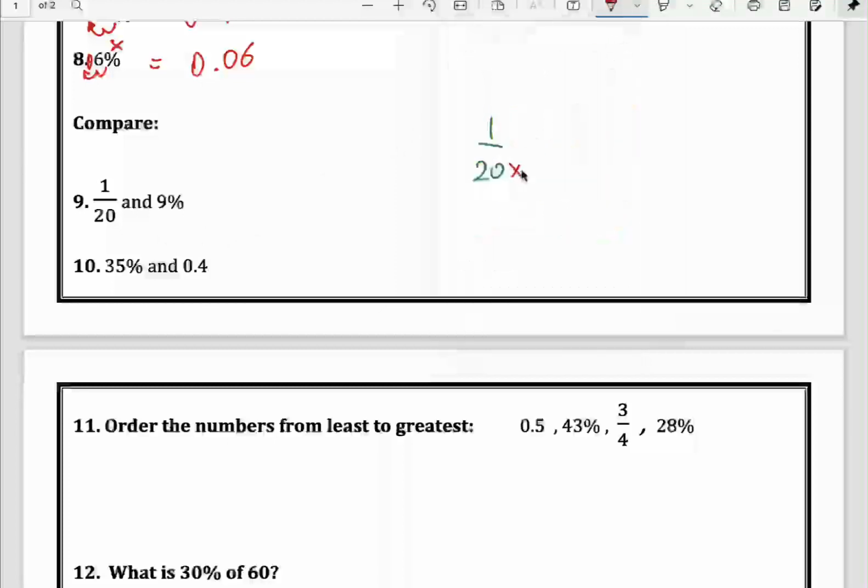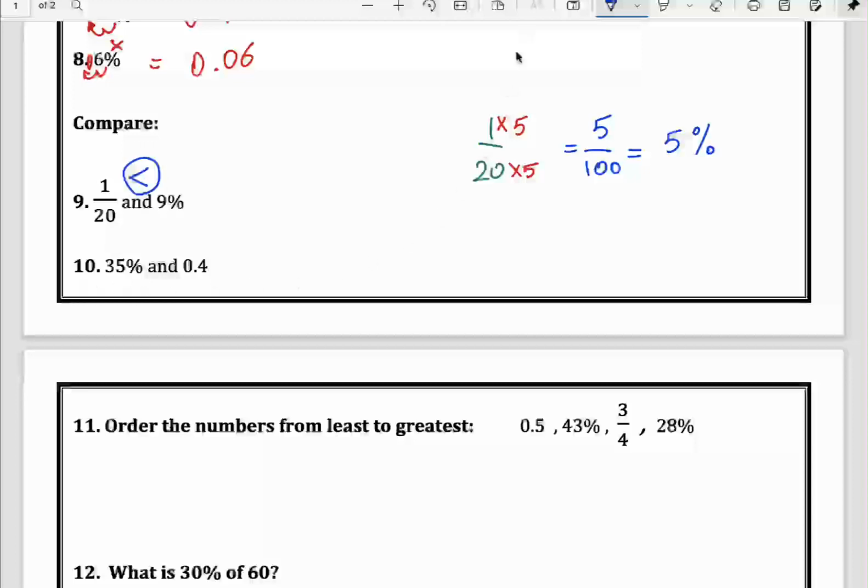So we multiply the 20 by 5, and we'll do the same with the numerator. 1 times 5 equals 5, and 20 times 5 equals 100. So it's 5%. Now we are comparing 5% and 9%. As you know, 5% is less than 9%, so the answer is less than.